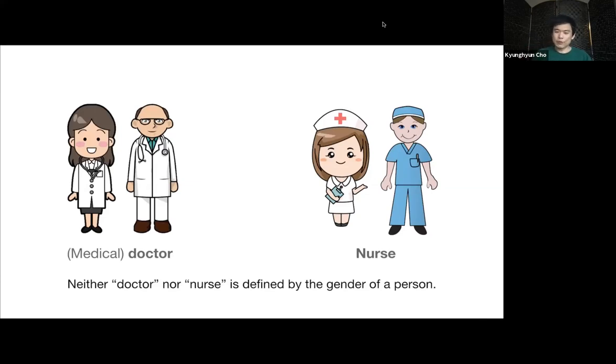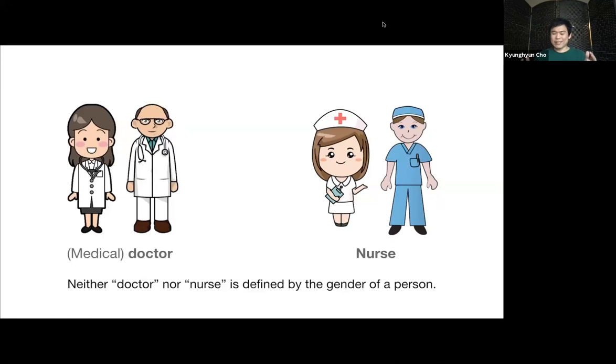On the right side, we see again two clip arts that correspond to nurses. And regardless of the gender of an individual, we know what their job is. In other words, neither doctor nor nurse is defined by the gender of a person who has that job.